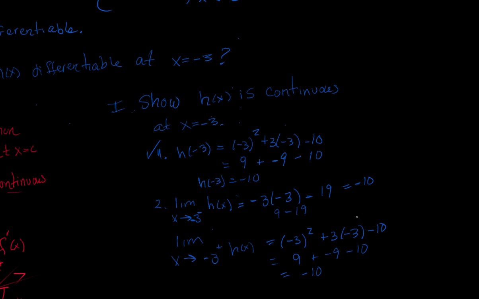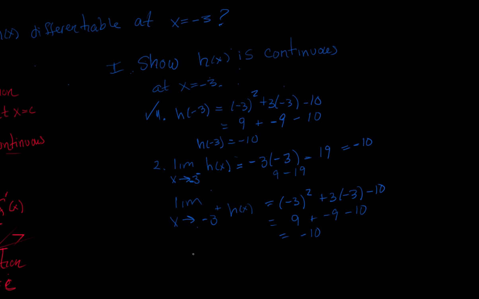This is very good, since now we know that the limit as x approaches negative 3 from both sides of h of x is negative 10, since that was the limit from the left-hand side and from the right-hand side.